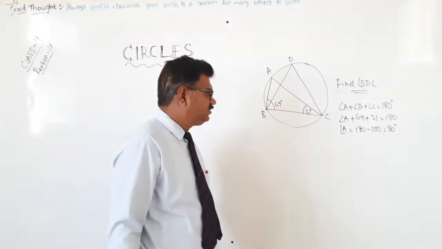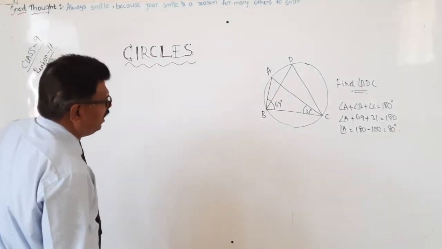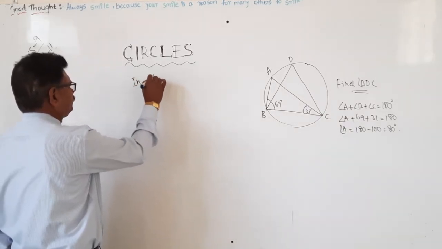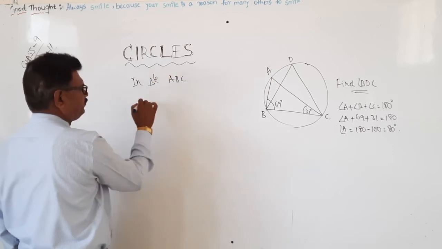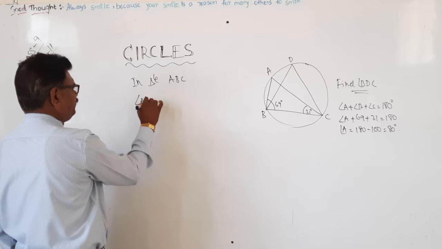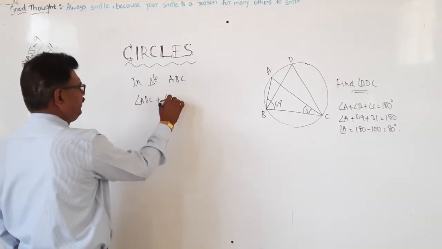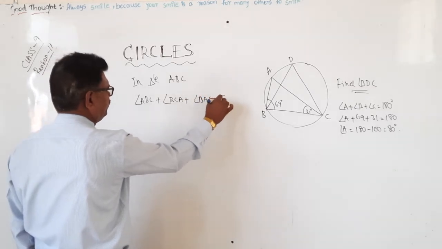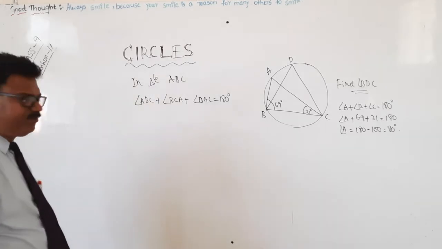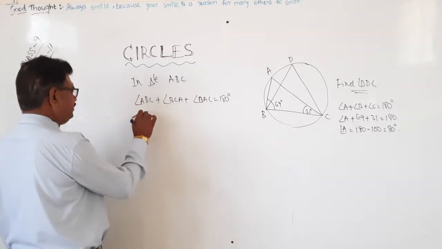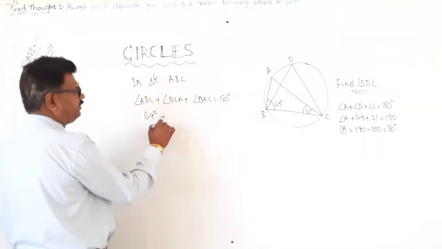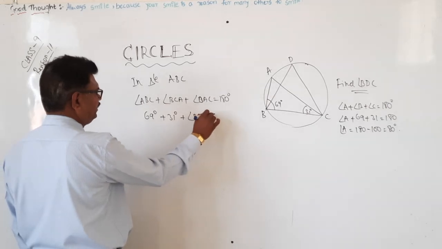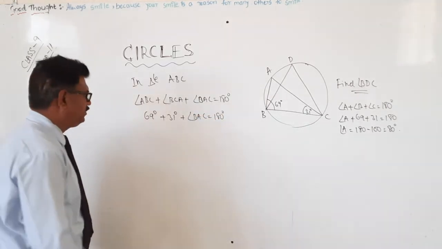Did you understand? Yes. Now you can write, in triangle ABC, angle ABC plus angle BCA plus angle BAC is equal to 180. This is the angle sum property. ABC is 69 degrees plus BCA is 31 degrees plus BAC is equal to 180 degrees.